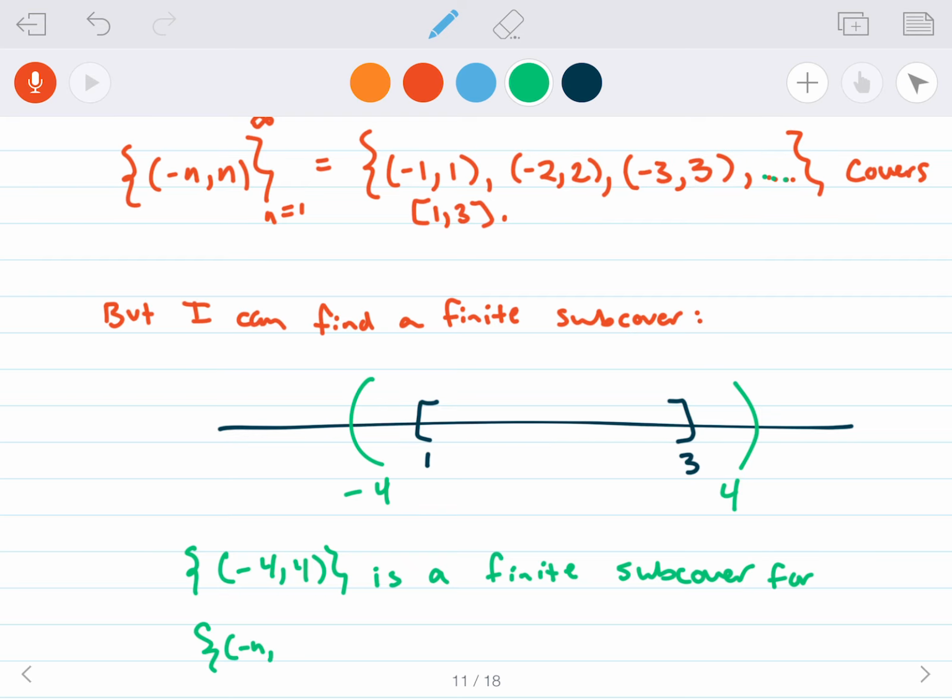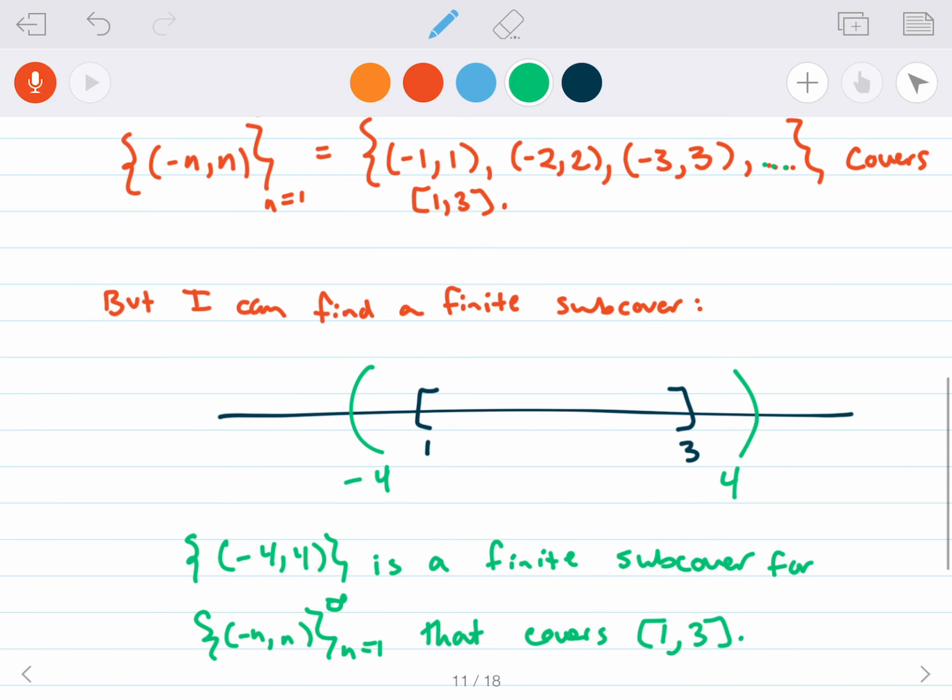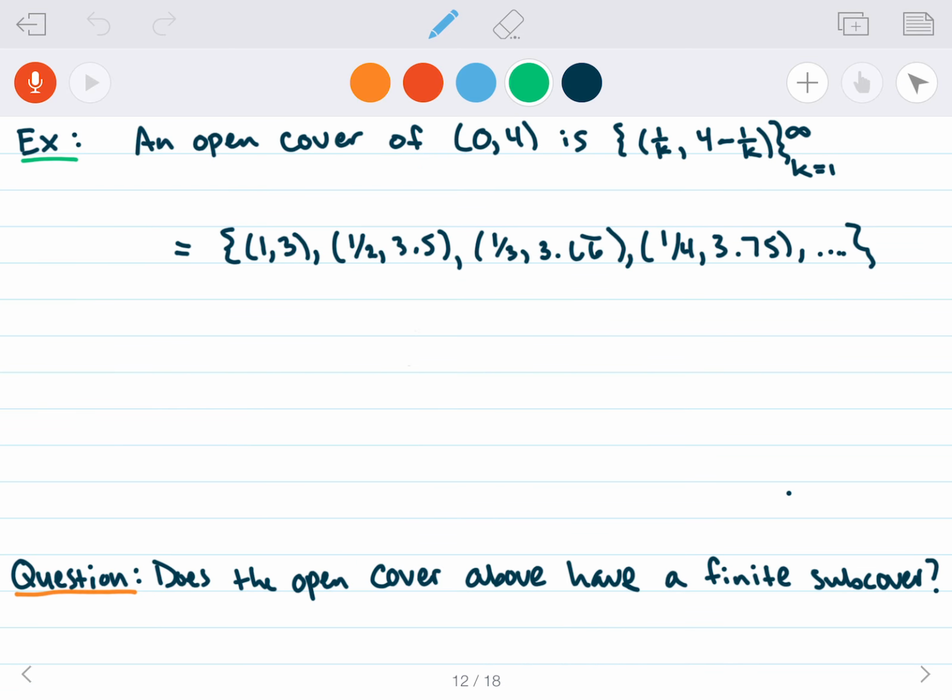We just plucked something out of this infinite cover that covers 1, 3. Okay, so those are some definitions. All right, let's look at some more examples.